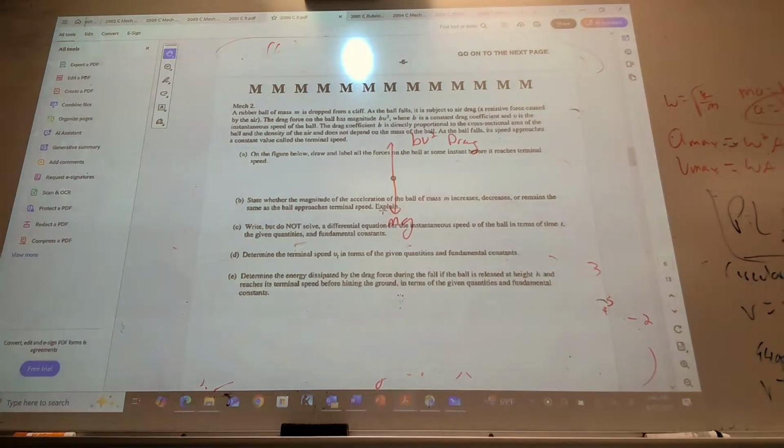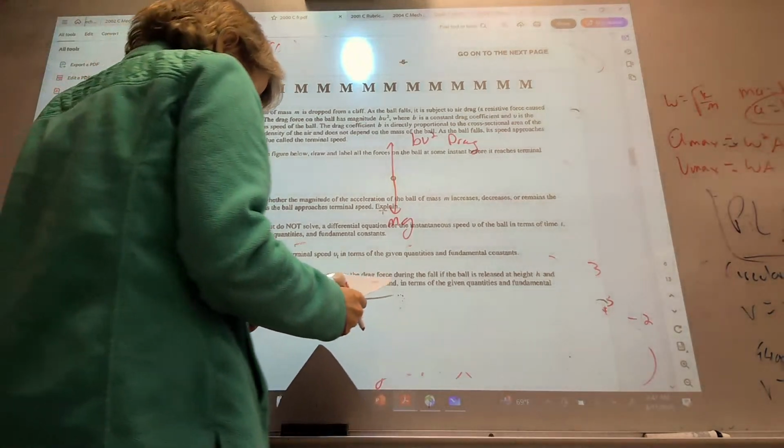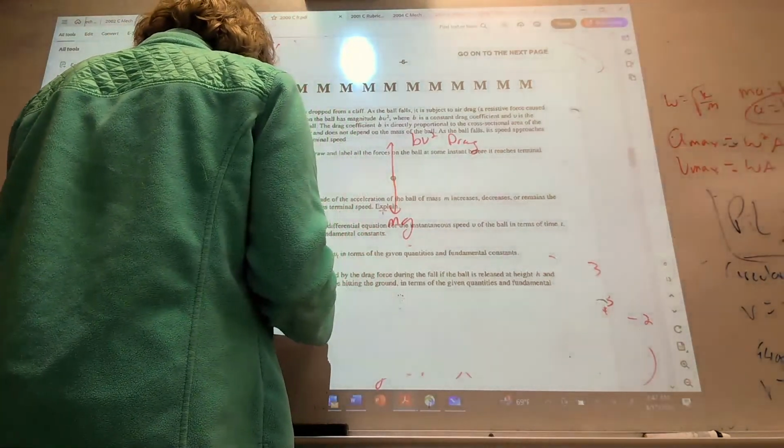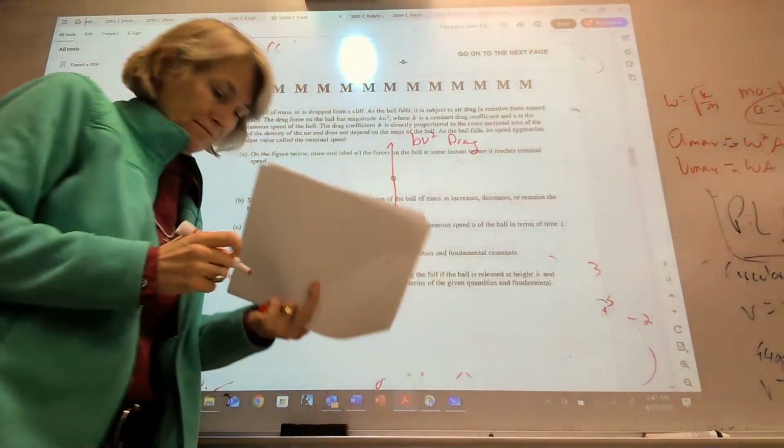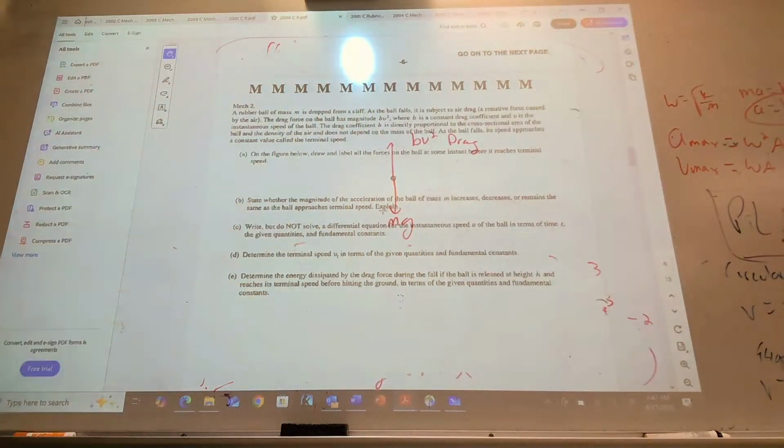But do not solve the differential equation for the instantaneous speed of the ball in terms of time. You did that same exact thing. Remember, you're plugging in. So your sigma Fy, you know that one well.